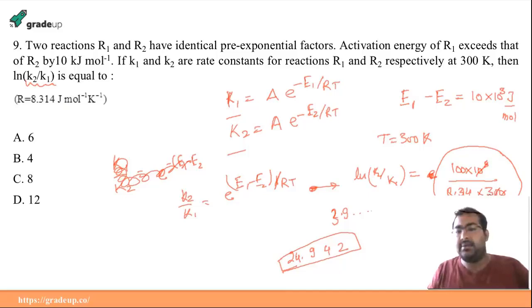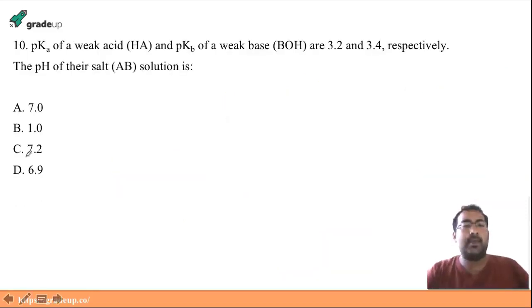So this term is nearly 25, and if you divide 100 by 25, you get nearly 4, means like 3.9 something or 4.1 something. So you get the answer here as 4. Okay, so the 9th question comes down to option B, which is 4.